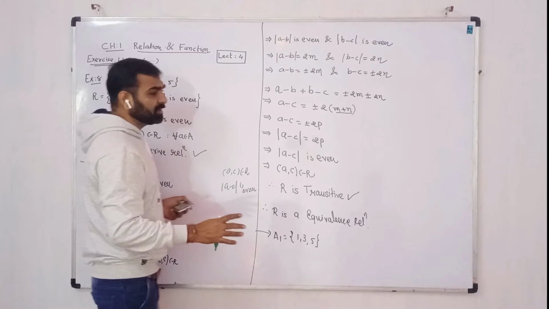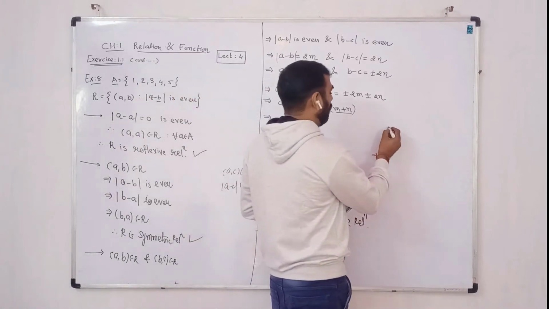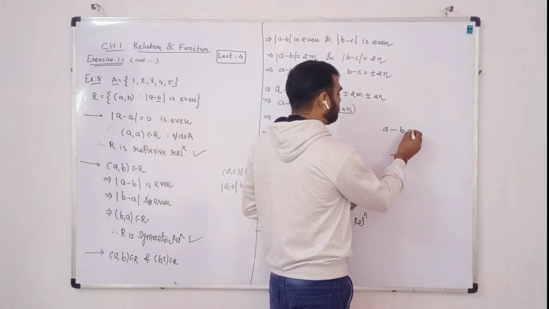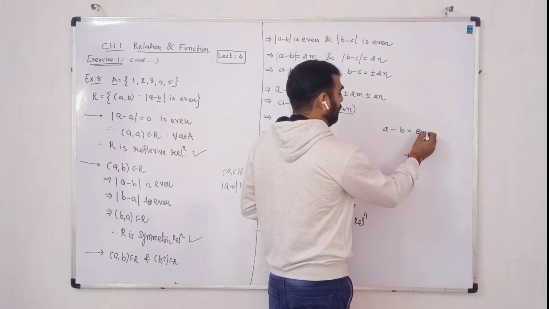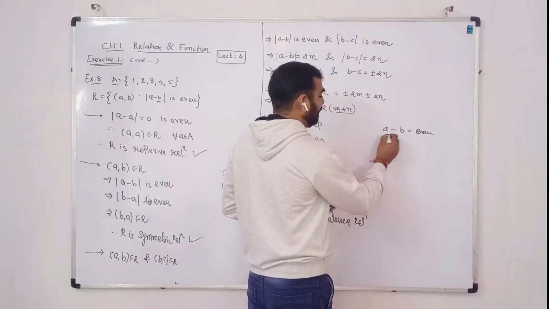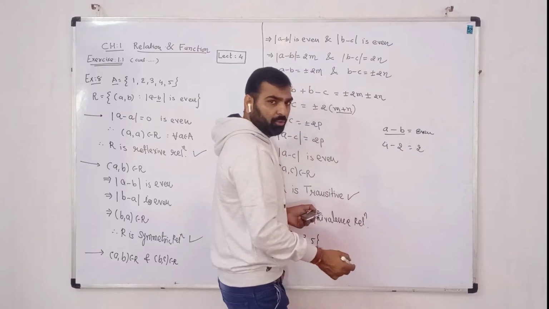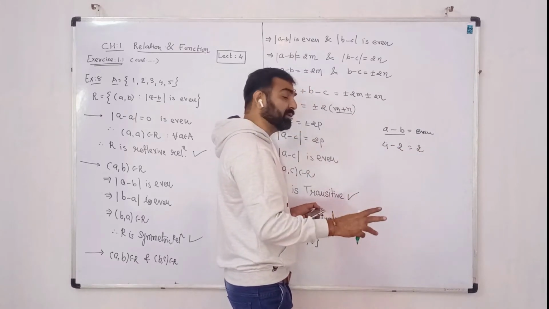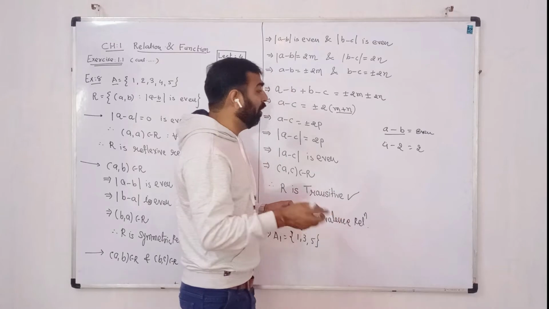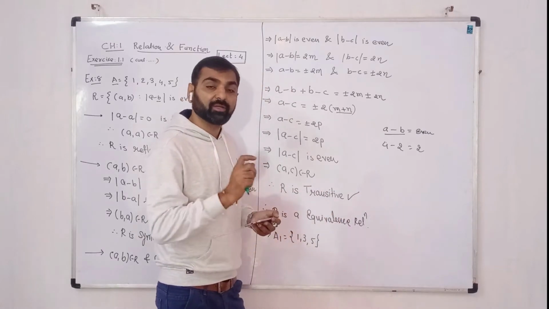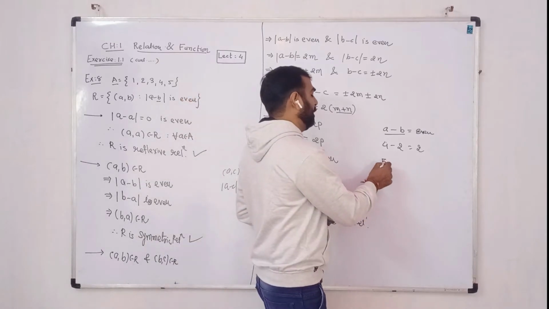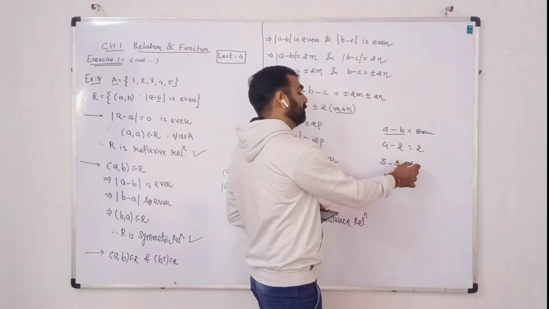Now when the subtraction is even, you might think that it happens when both numbers are even, like 4 minus 2, it is 2. If two numbers are even, the subtraction is even. If two numbers are odd, the subtraction is also even. Suppose 5 minus 3, it is also 2.